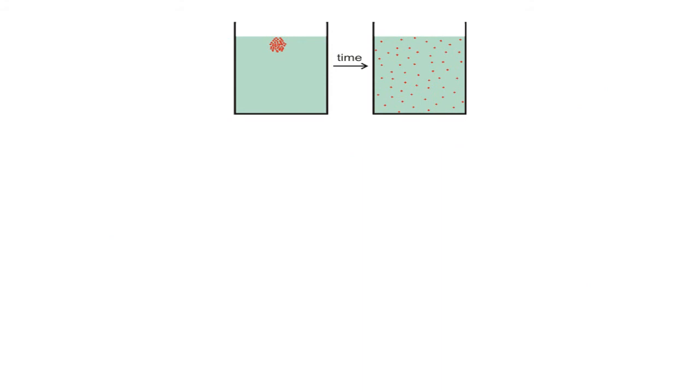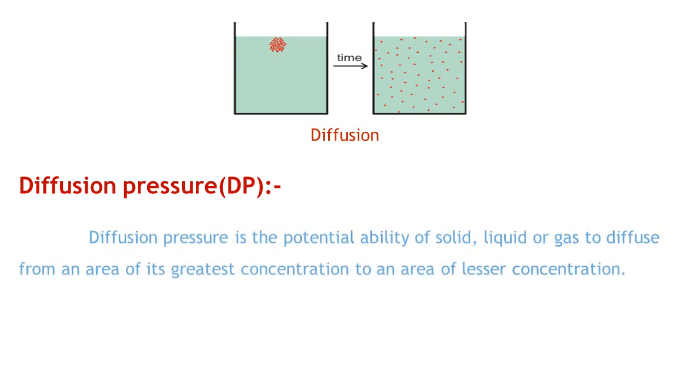This is the diagrammatic representation of diffusion. Here we can see movement of ions from their higher to lower concentration. Diffusion pressure, DP.